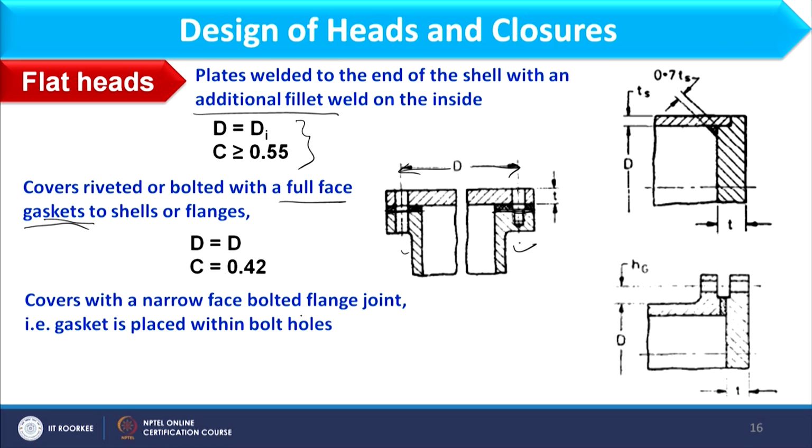Here it is horizontally placed, and here we have demonstrated a vertically placed head with the flange. Here the head is placed with the flange in a horizontal manner. Now if you see this particular section, this is basically the gasket which is placed within the bolt circle. One edge of the bolt circle is this, and the second edge will be up to here.